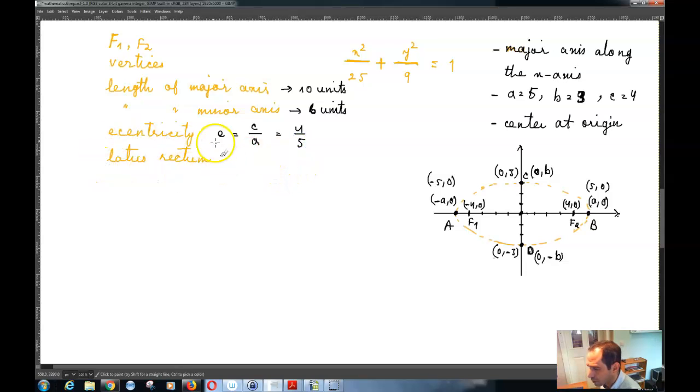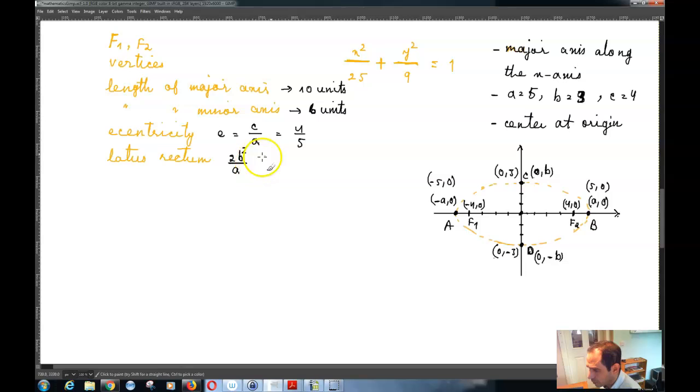And the Latus Rectum is basically the length of the Latus Rectum. We calculated that to be 2b squared by a.